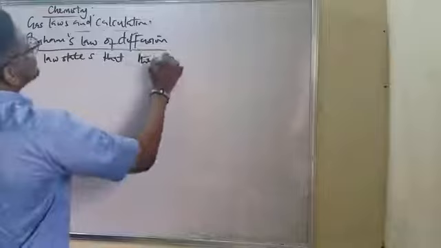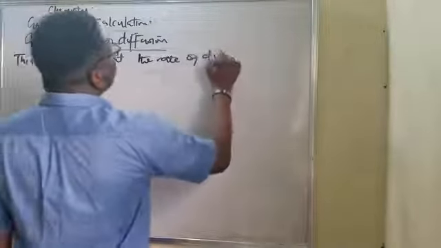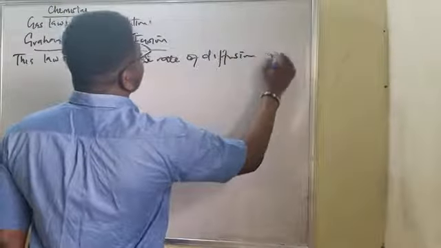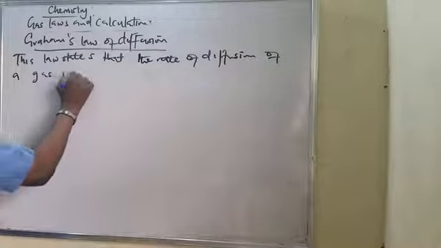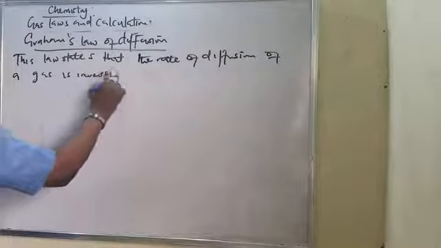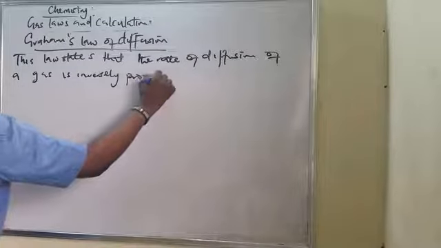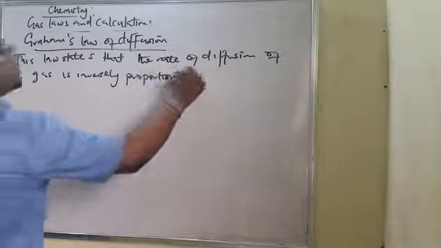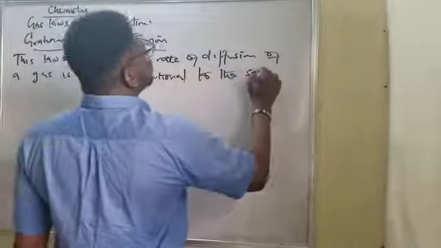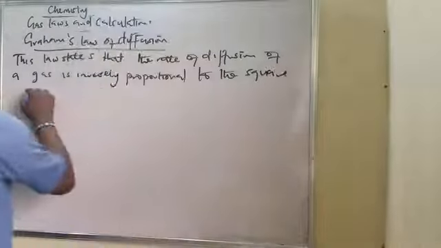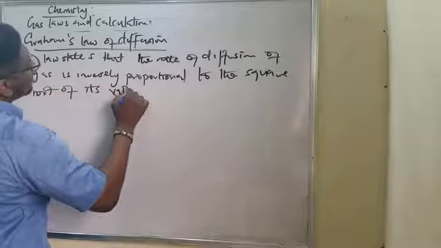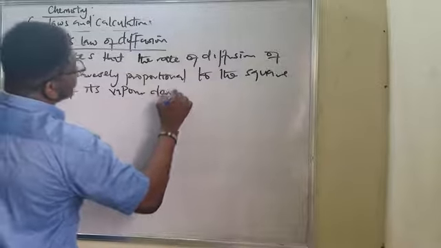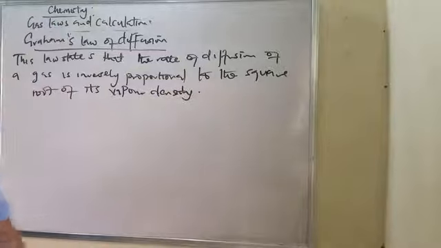the rate of diffusion of a gas is inversely proportional to the square root of its vapor density.